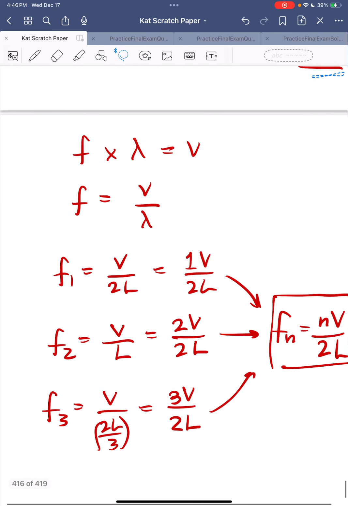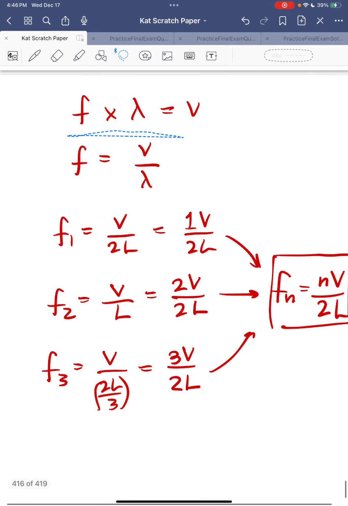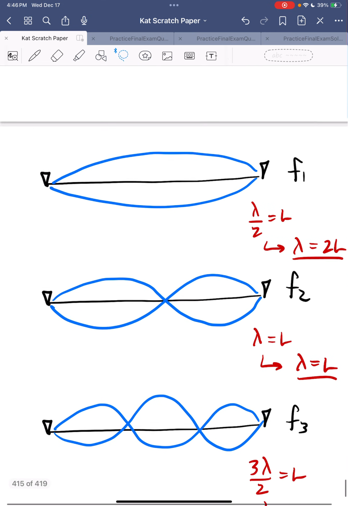Remember this relationship. We say frequency times wavelength equals velocity. So I can solve for the frequency, and that's just going to be the velocity divided by the wavelength. Now what I can do is plug in the different values of wavelength that I got on the previous page, and I can solve for the different frequencies. So go back here.